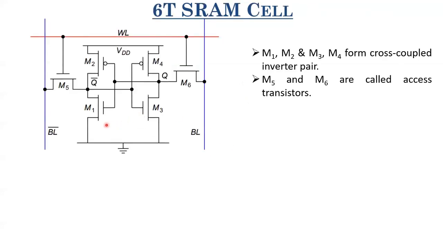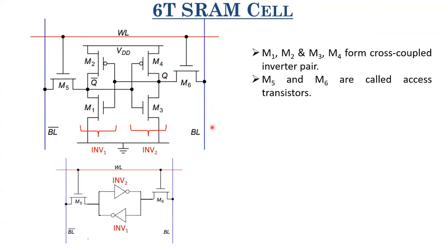So I told you that these are 2 inverter pairs which are cross-coupled, and M5 and M6 are called access transistors, which are basically used to read the data present at these nodes, or change the voltages or the data present at these nodes. That is why the name access transistor. If you redraw this, it will look something like this.